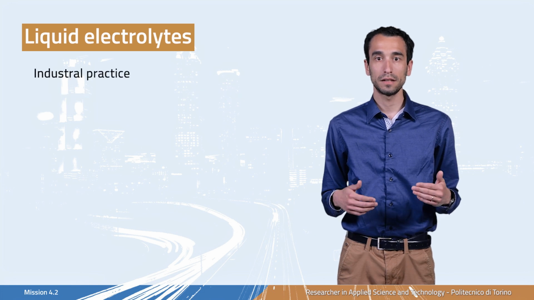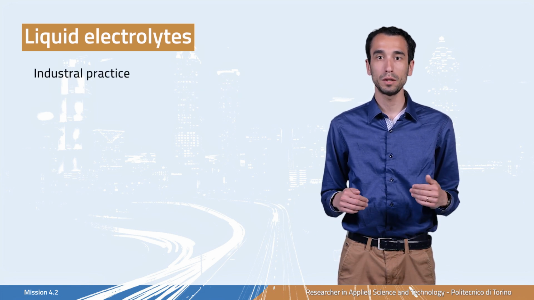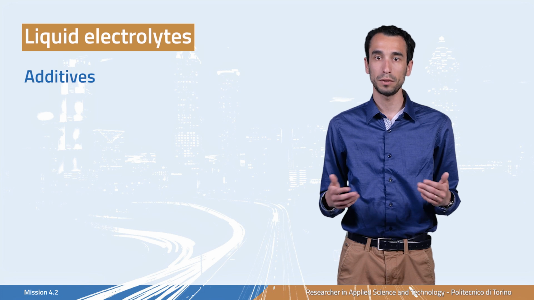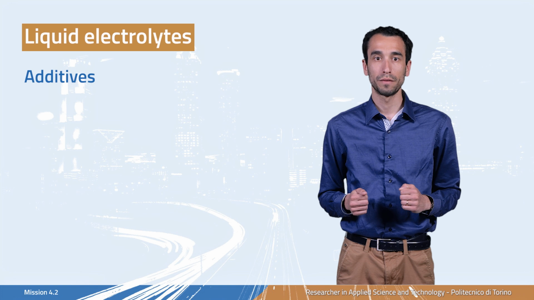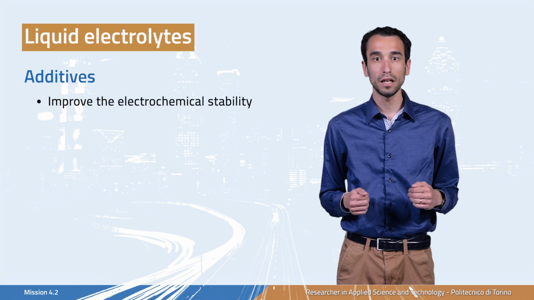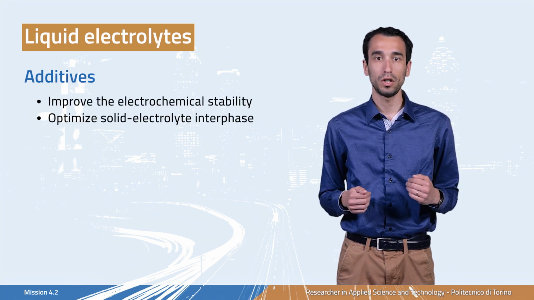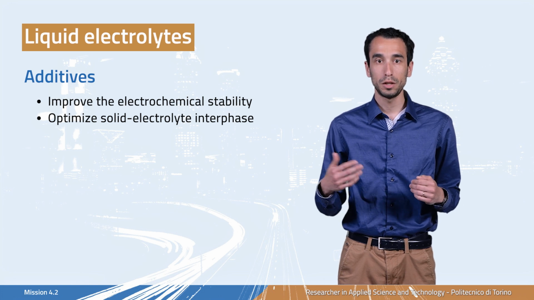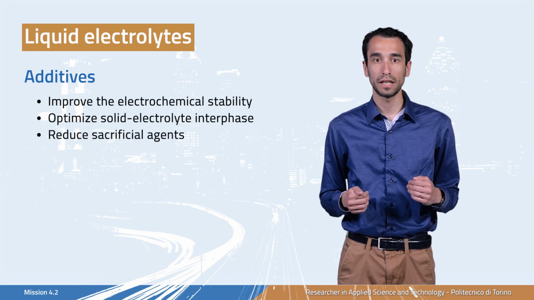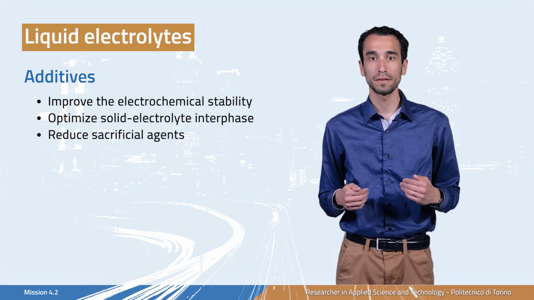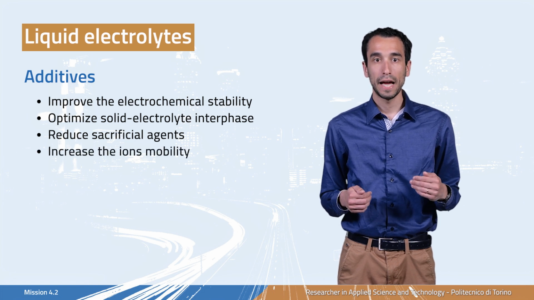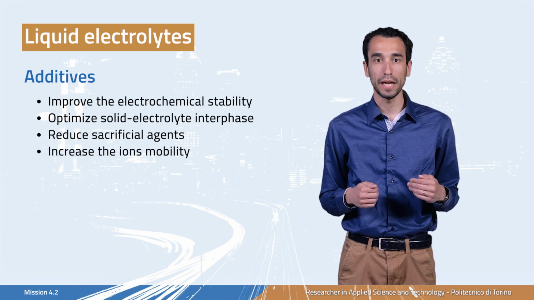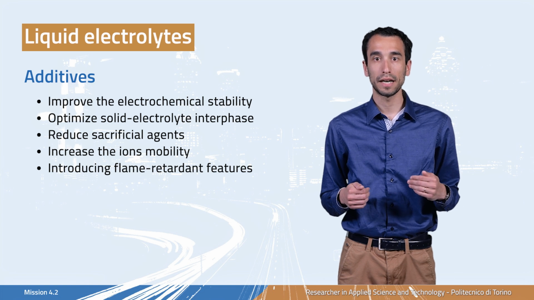In industrial practice, these problems are mitigated by the use of additives in the electrolyte composition, no more than 5 weight% of the whole solution, to improve the electrochemical stability, optimize the formation of solid electrolyte interface, reduce the consumption of active material in irreversible reactions by acting as sacrificial agents, lower the viscosity to increase the ion mobility, and reduce the risk of thermal runaway by introducing flame retardant features.